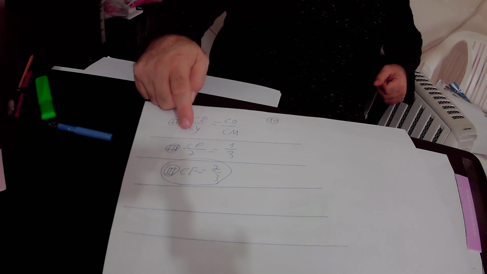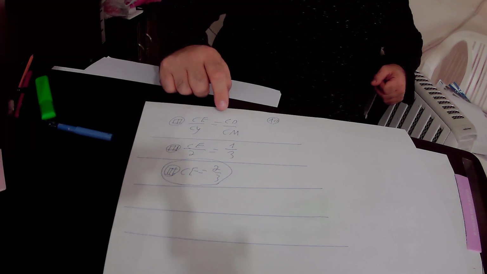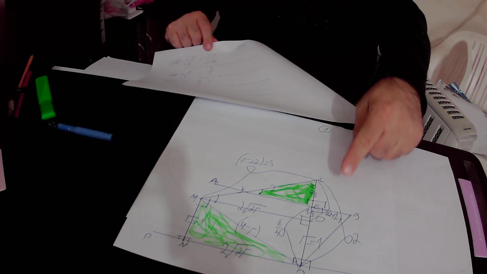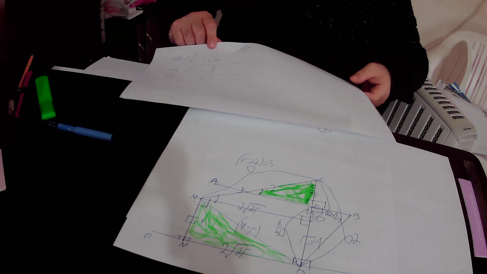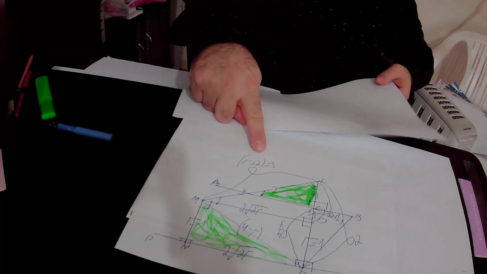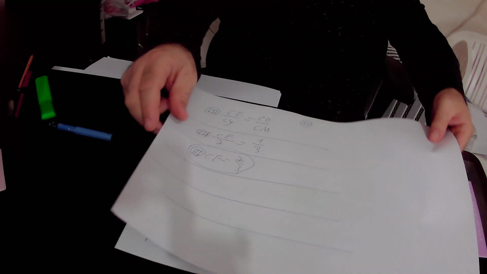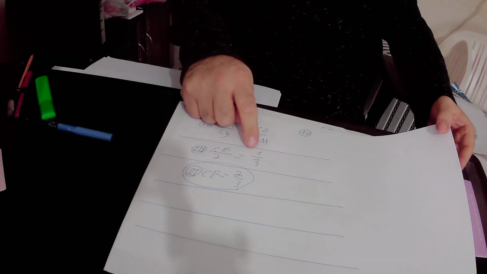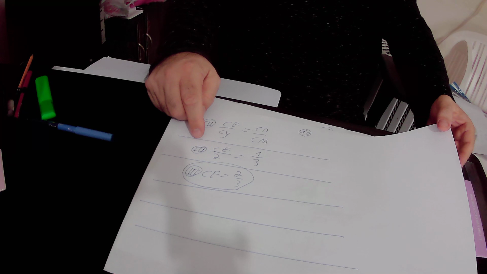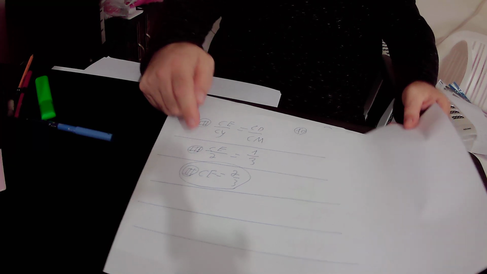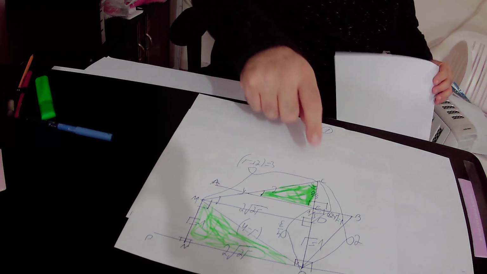So CE over CY, CY is 2 units, so CE over 2 equals CD over CM. CD equals 1 unit, and CM equals 3 units. So in total we get that CE over 2 equals 1 over 3. We multiply the equation number 3 by 2 and we get that CE equals 2/3.